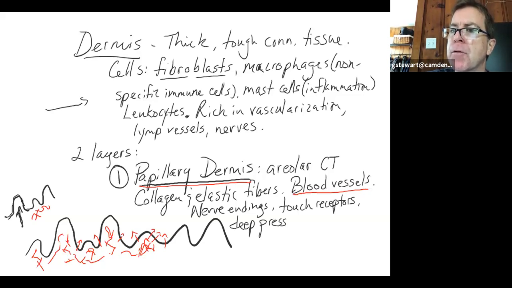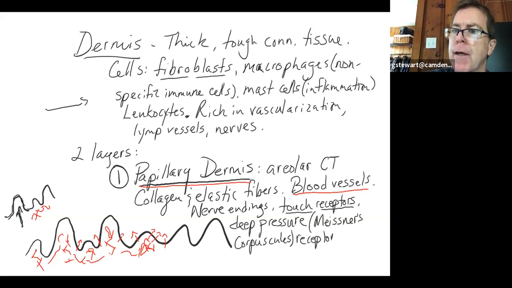Remember, those touch receptors are called Merkel cells. That's for light touch, but we also have deep pressure, which are Meissner's corpuscles, M-E-I-S-S-N-E-R. Receptors found in this area as well.